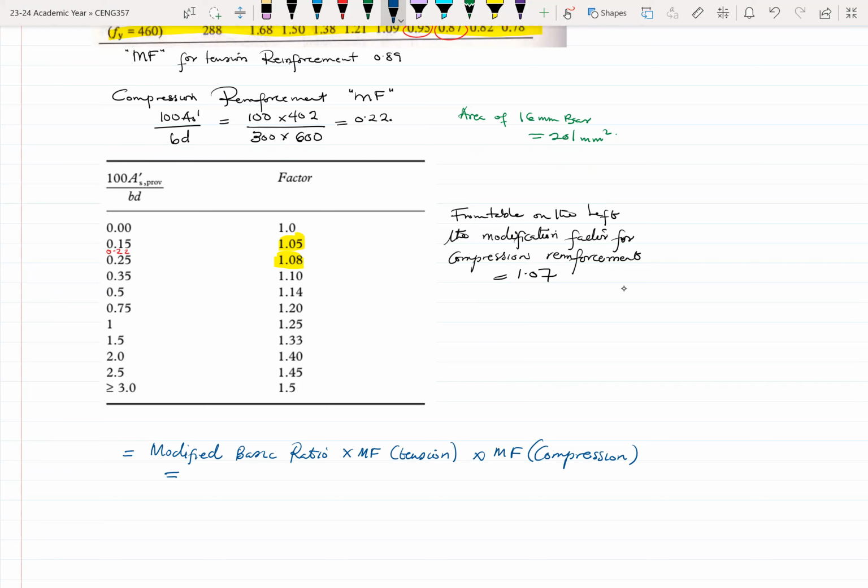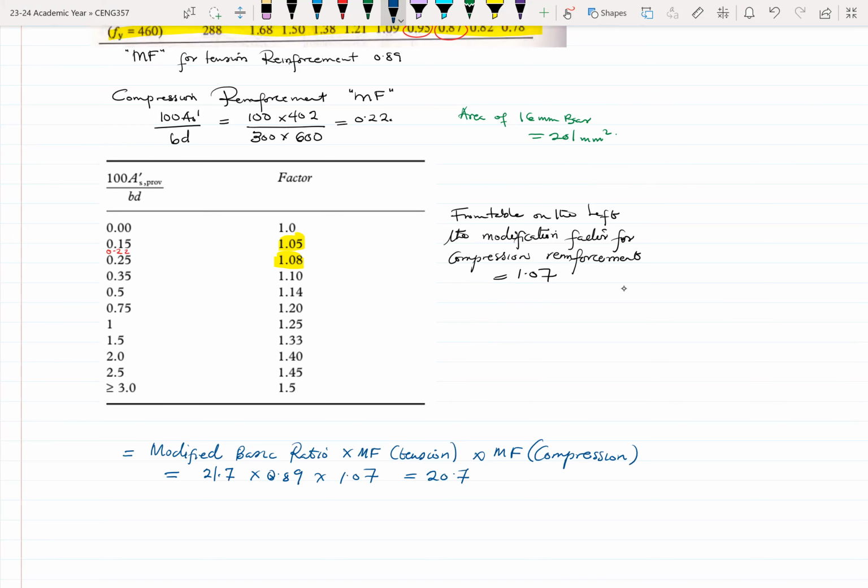Okay. So this is going to be 21.7 times 0.89 for the tension, then 1.07 for the compression. All right. So this becomes 20.7.